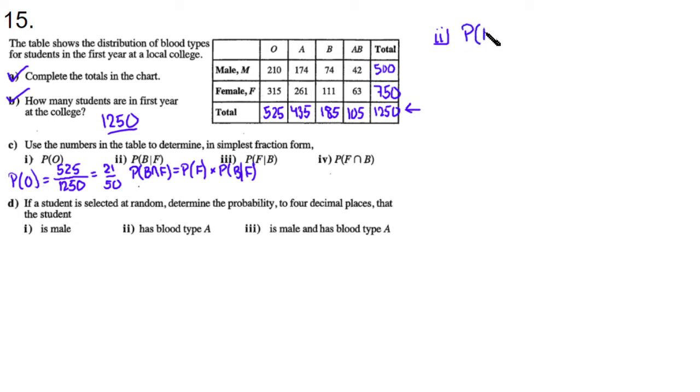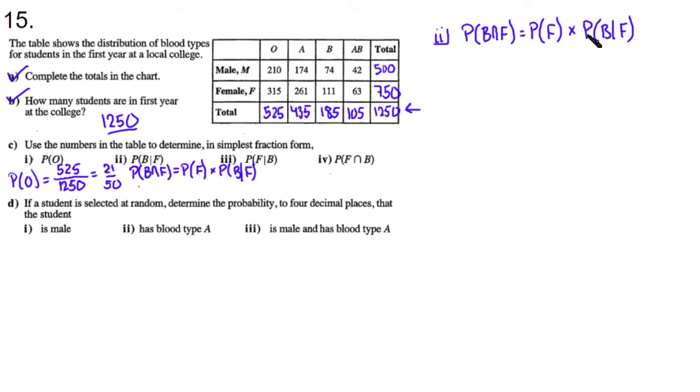So probability of blood type B and blood type F equals the probability of, sorry, not blood type F, female. The probability of a female times the probability of having a blood type B given that it's a female. Okay, so that's the formula we're going to be using here.